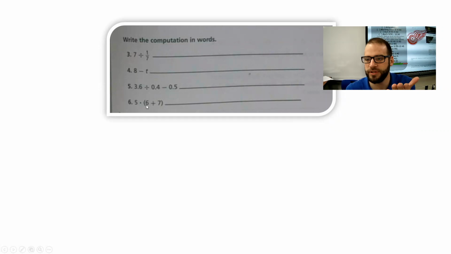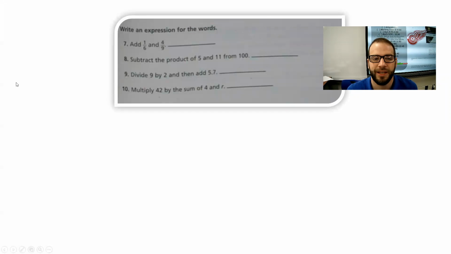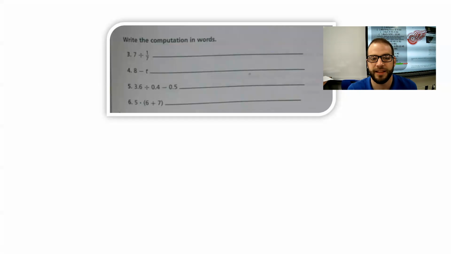You just see the numbers and the symbols. And then you could also look at these exact same expressions and you could put them into words. So here you're taking the words and you're going to turn them into math expressions. And then here you're going to take the expressions and turn them into words.